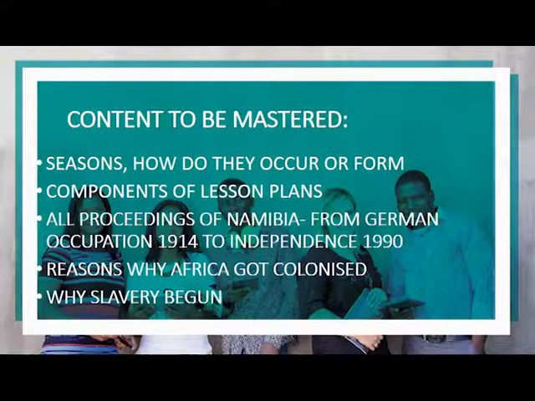So you need to know all these components, and you should also be able to come up with a lesson plan, for example, on any topic of your choice. So just prepare yourself in that regard.